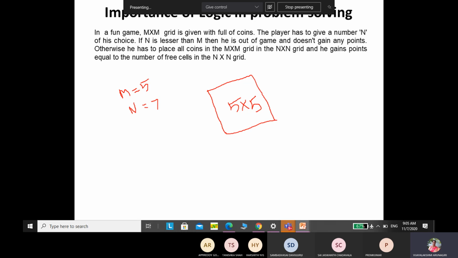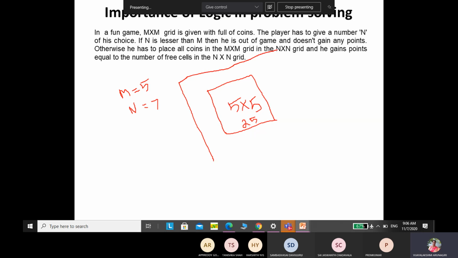So how many coins will I fill in this 5 cross 5 grid? 25. So here 25 coins I filled. Now I give the n value as 7. That means a 7 cross 7 grid, where 49 can be filled.